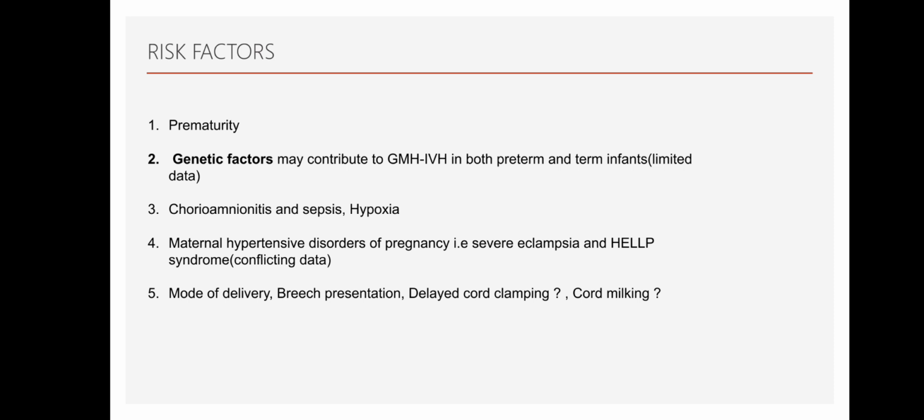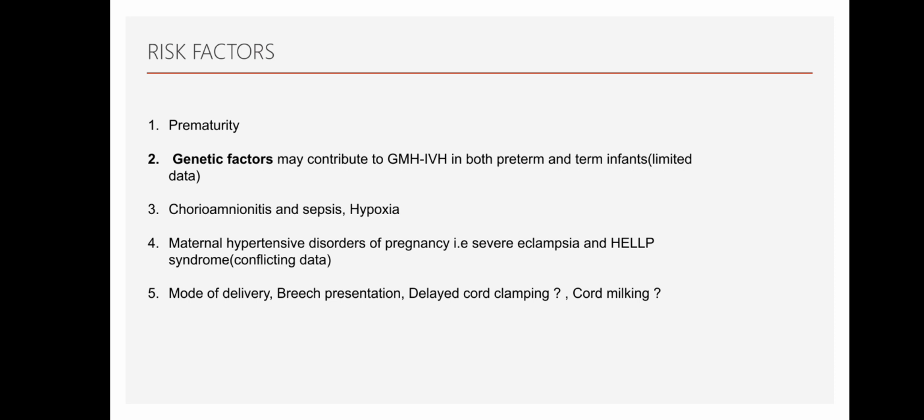But at the same time, we have other studies which show that preeclampsia could be protective in some cases. Similarly, mode of delivery is very important, and breech presentation is considered to be one of the risk factors for intraventricular hemorrhages. Similarly, delayed cord clamping and cord milking.